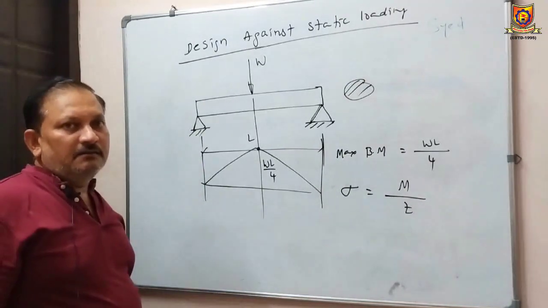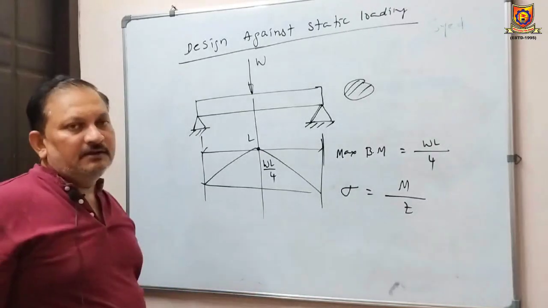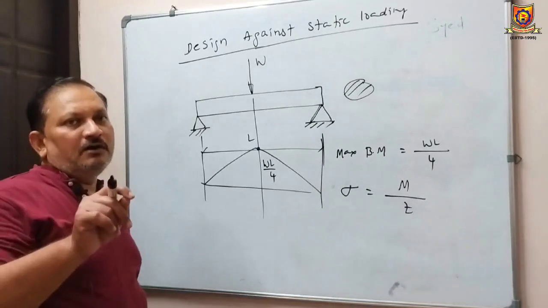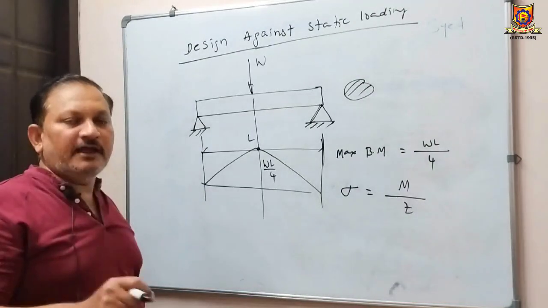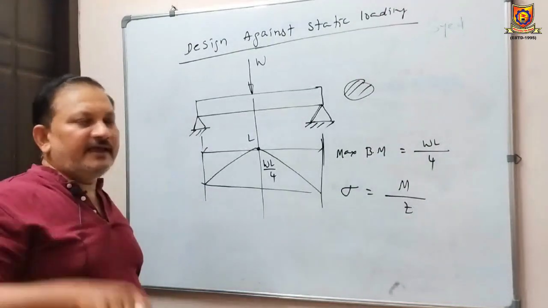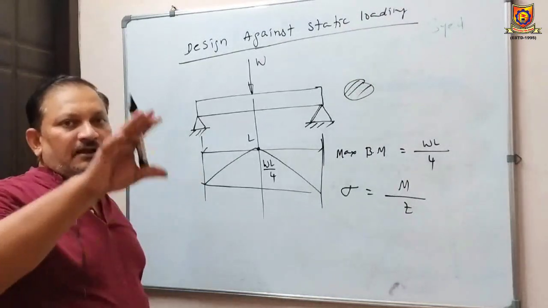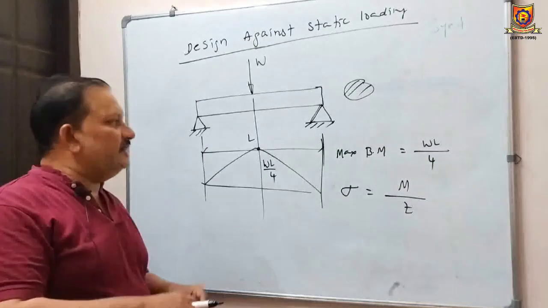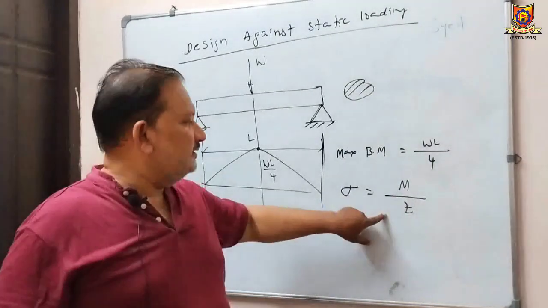But you can take any kind of beam. You draw the shear force and bending moment diagram and find out at what section maximum bending moment is acting. You calculate that value, and with that maximum bending moment value, you can calculate the stress.